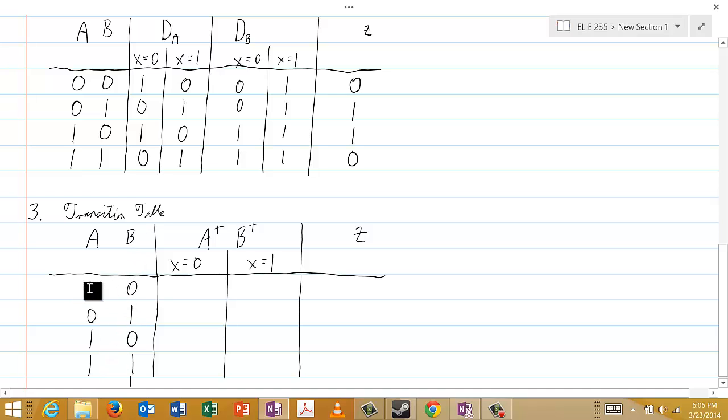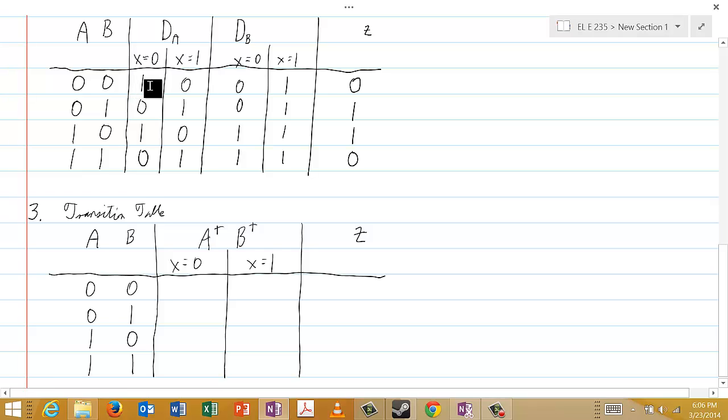Well, for A is equal to 0 and B is equal to 0, that tells us that we look up here in the excitation table, in the first row of the excitation table, and we want to know what's happening when x is equal to 0. Well, when x is equal to 0, D sub A, which is, remember, the input to the D flip-flop for A, will be equal to 1.